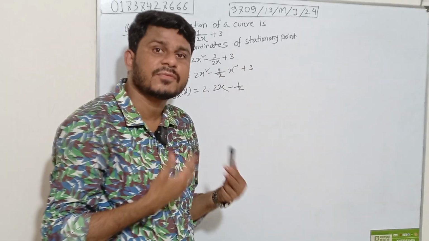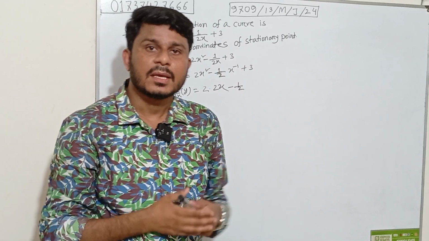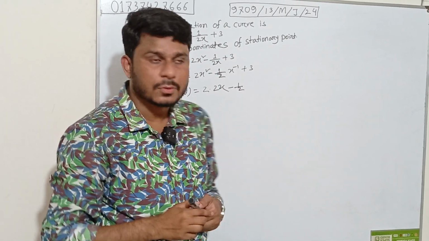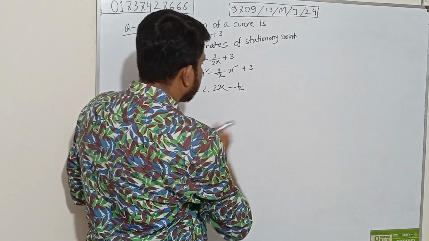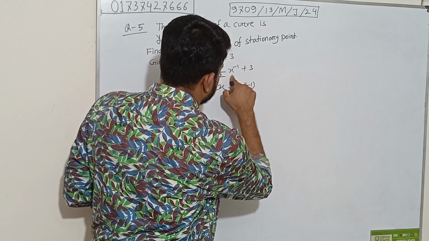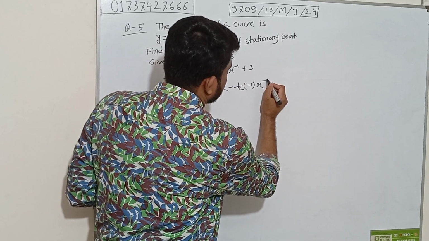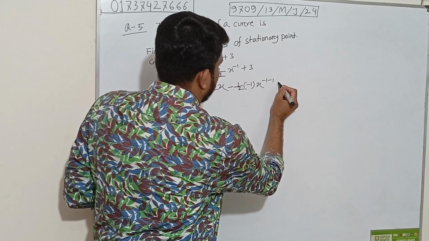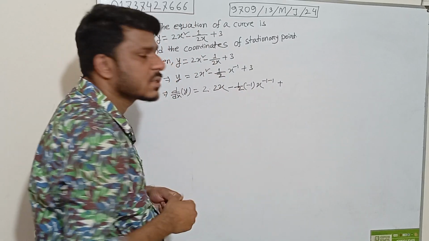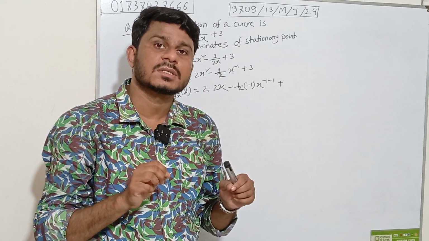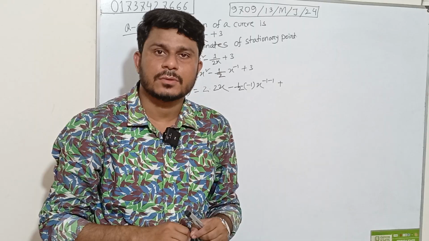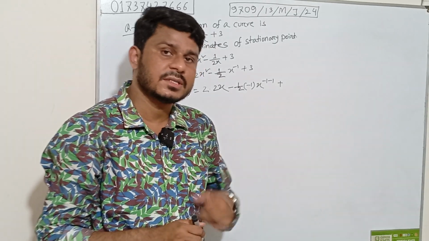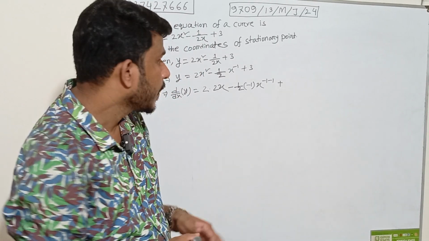If we differentiate x to the power n, n comes first and the power reduces by 1. And 3 is only a constant, with nothing multiplied with it, so if we differentiate a constant, it will be 0.